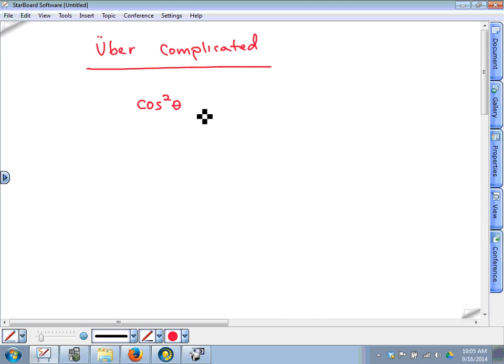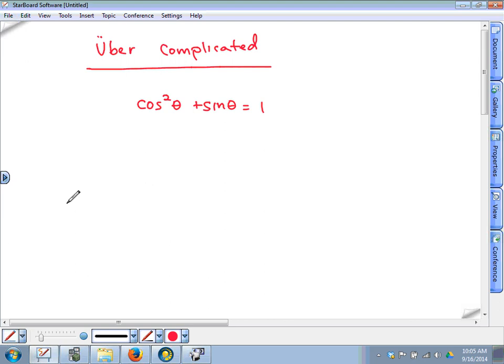Cosine squared theta plus sine theta equals 1. We are probably going to have to end up using some identities here.